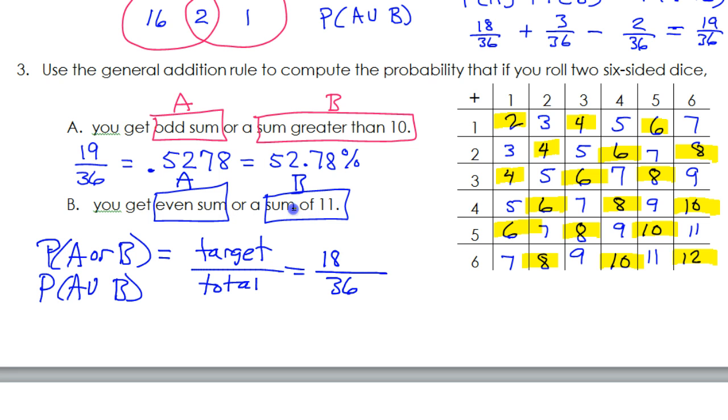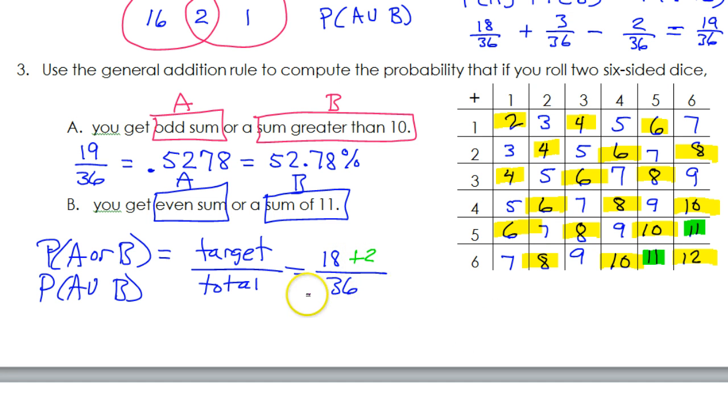Now, how about sum of 11? Well, I'm going to add in these green ones. These would also be what we wanted. So I'll have to add in 2 more of those.